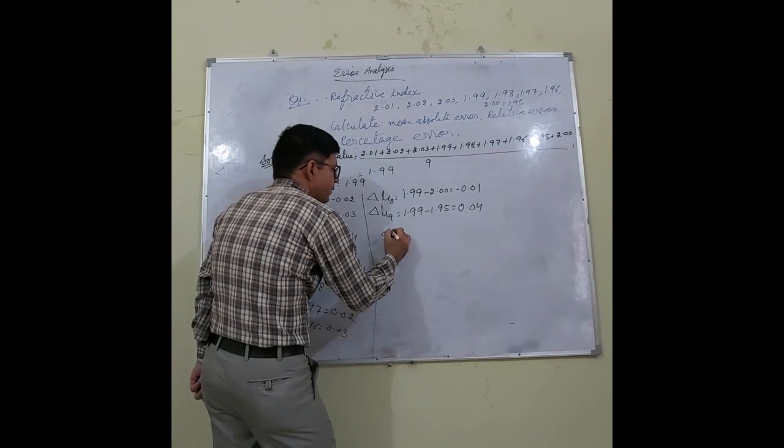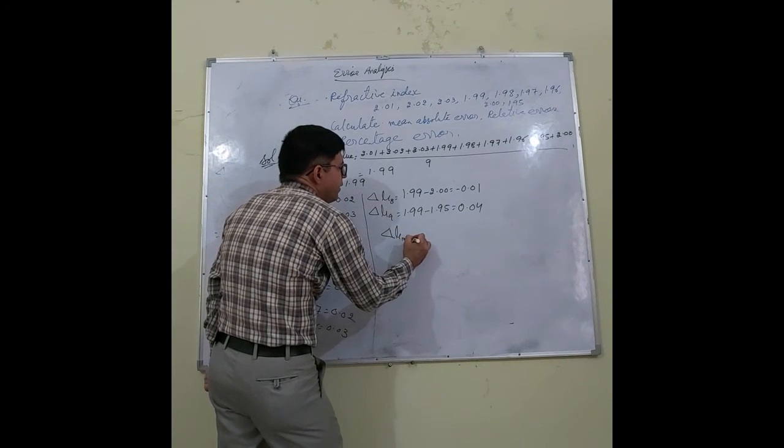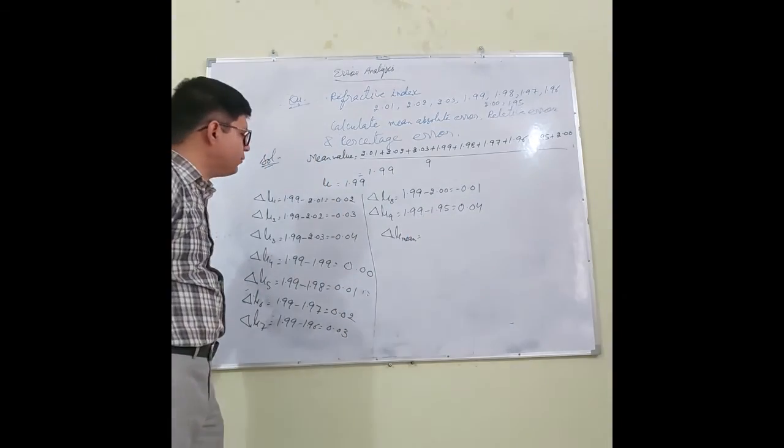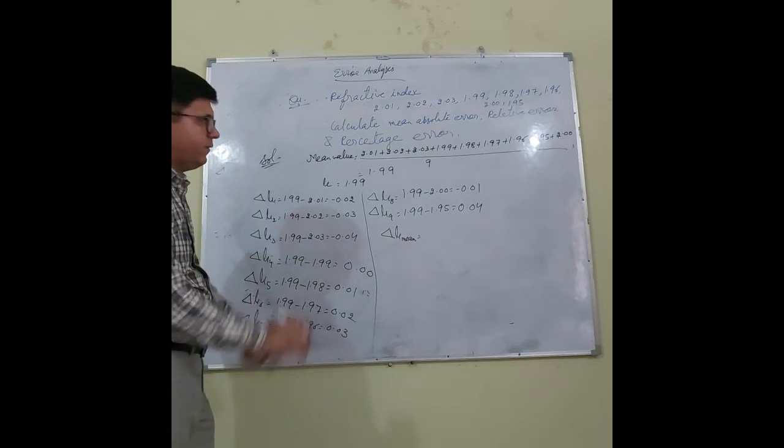What is the mean error? Just take their absolute values without signs.